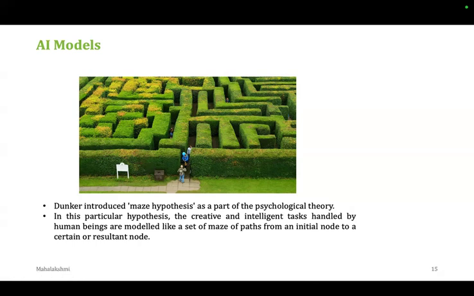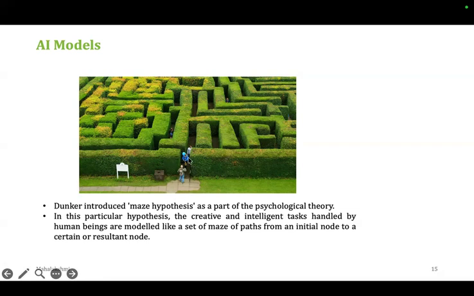The problems we are going to solve are structured by the Maze hypothesis, and accordingly the problem is approached, with an initial state leading to a resultant state by multiple ways of exploring paths from start to end.